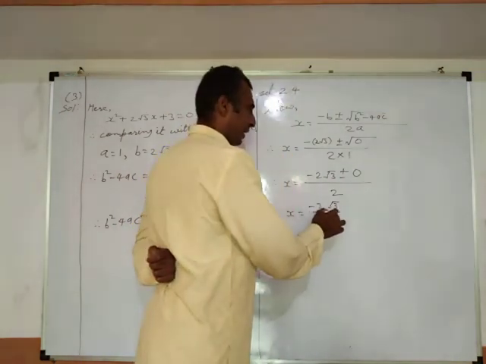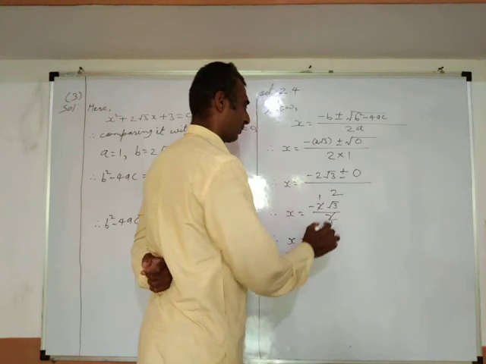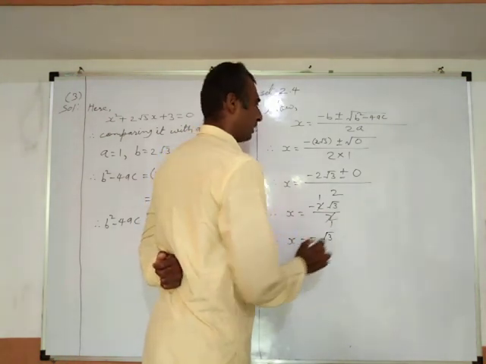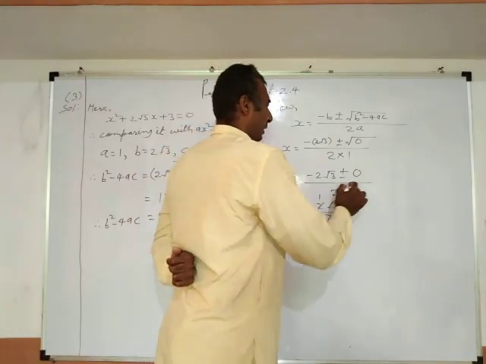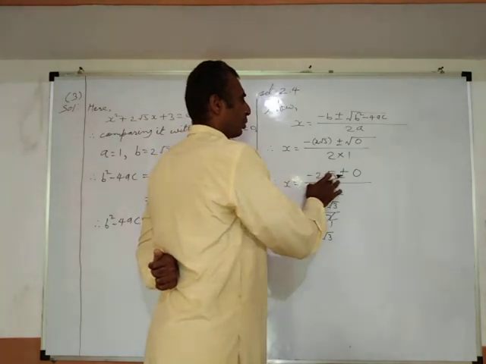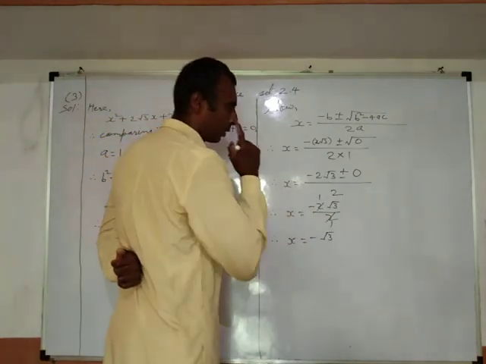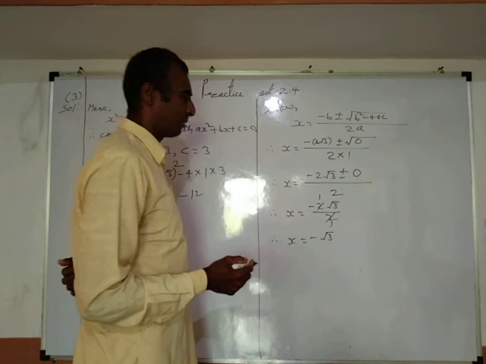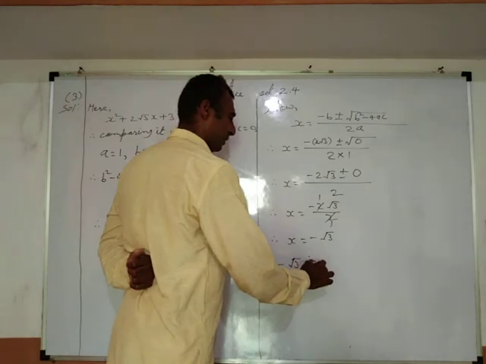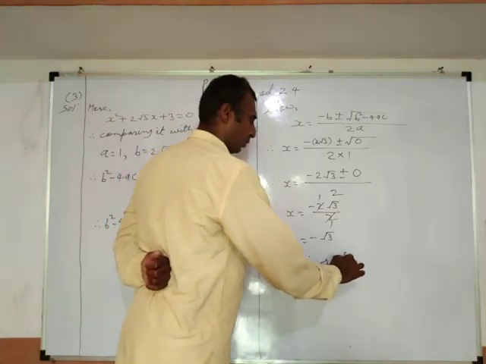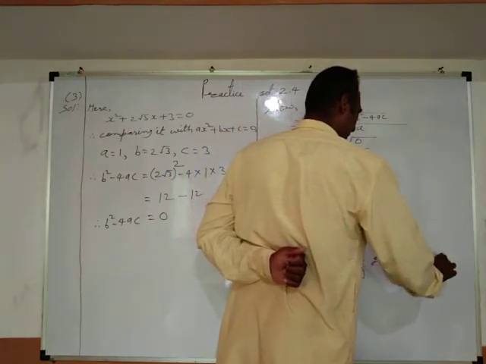Okay, and then 2 ones are 2, 2 ones are 2, and therefore x equals minus root 3. Okay, if we try to write in a form of minus 2 root 3 plus 0 upon 2, 2 gets cancelled, minus root 3, and therefore minus root 3 is root of given quadratic equation.